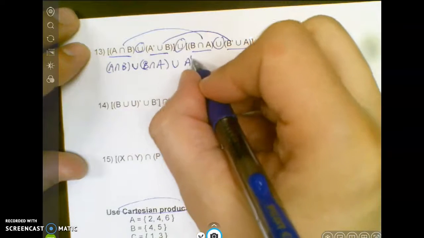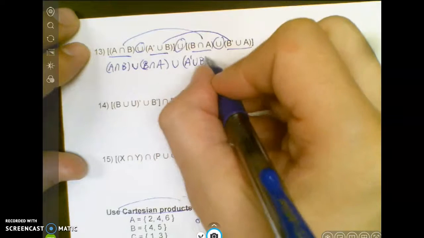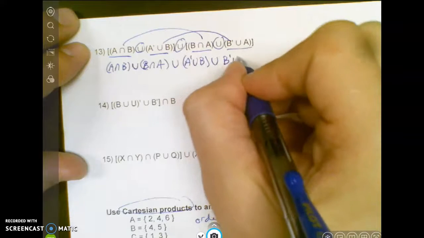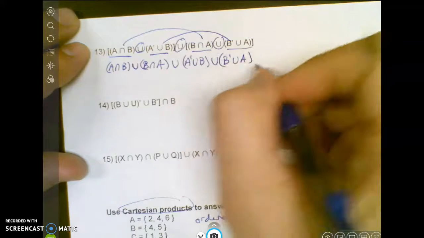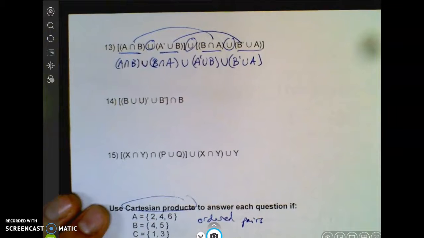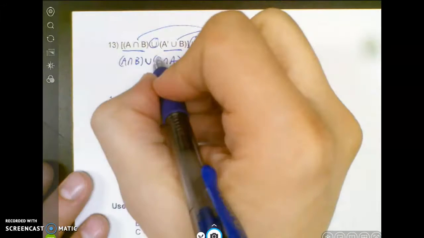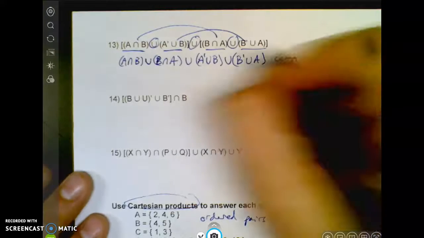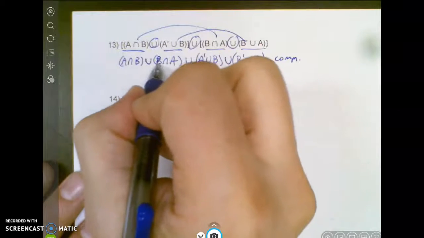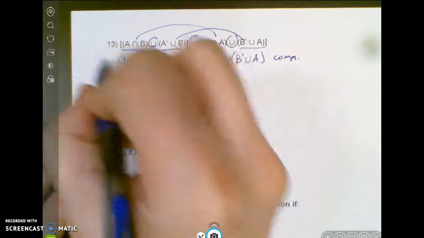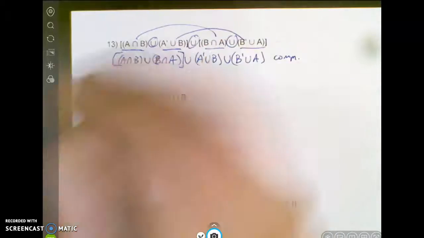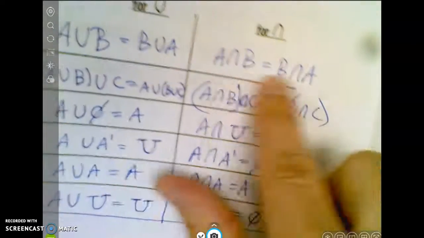The A not union B and this guy, B not union A. Okay, so now it's good stuff because that was the commutative property. Do you see these are two really the same thing if I put brackets around them? A intersect B is the same as B intersect A. In fact, that is actually how we wrote it exactly for the commutative property.